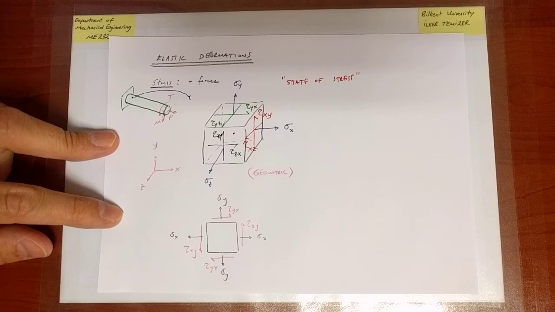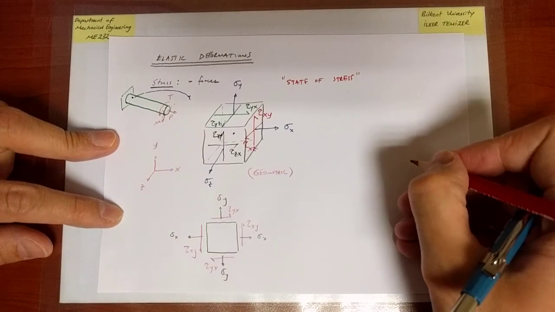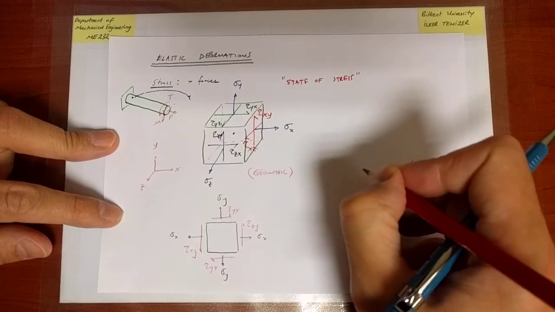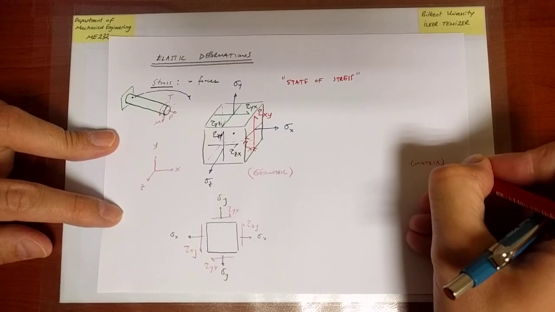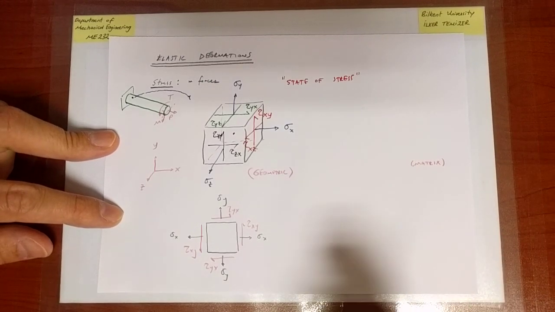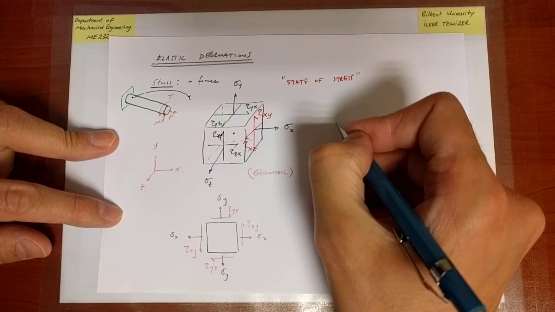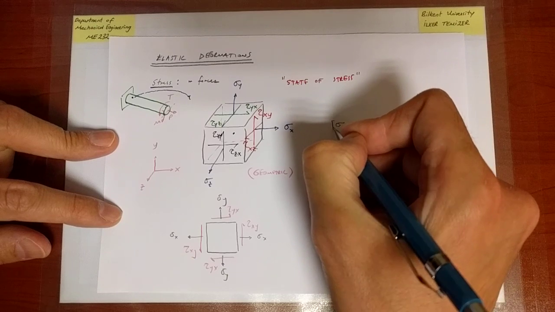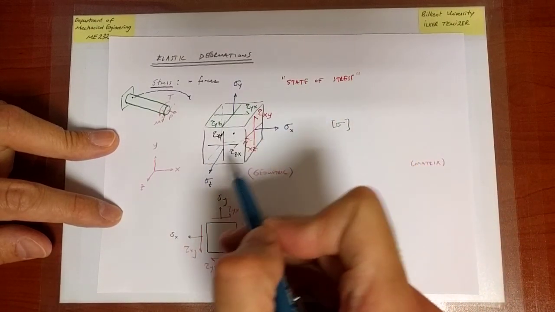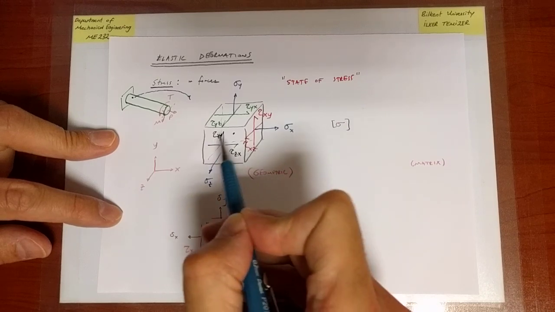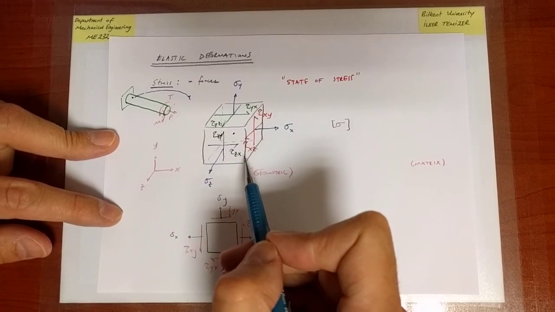Well, there is, and that is a mathematical depiction, which is a matrix form. What we can do is take the components of the stress and put them into a matrix. We can do so because ultimately I see here 3 normal stresses and 6 shear stresses.